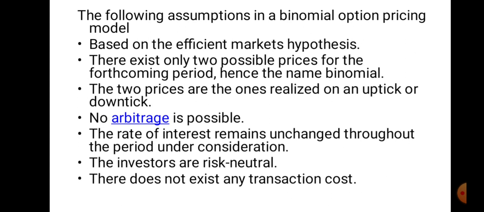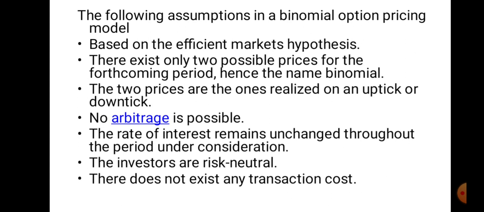The two prices are the ones realized on an uptick or a downtick. Here we take the market ups and downs. In the problem, if the current market price is 70, then the uptick is 90 rupees and the downtick is 50 rupees, and no arbitrage is possible.